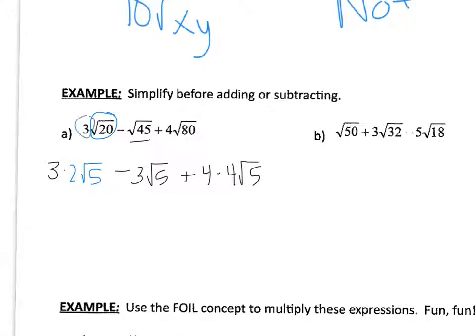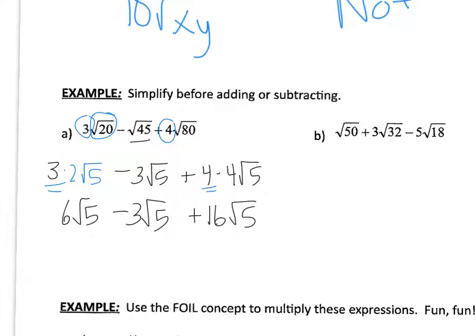So these numbers stay where they are, and then they're going to be multiplied by whatever it simplifies to. So this is going to be 6 root 5 minus 3 root 5 plus 16 root 5. And now you simplify these. So 6 minus 3 plus 16 is 19 root 5.